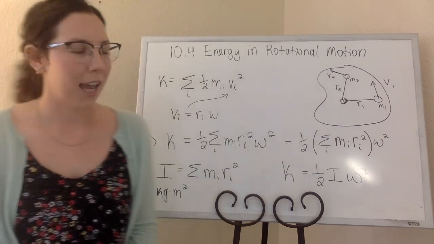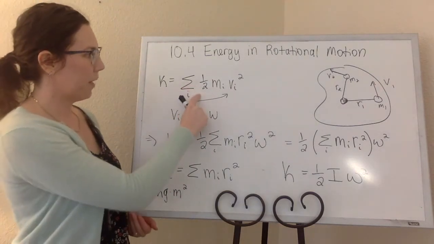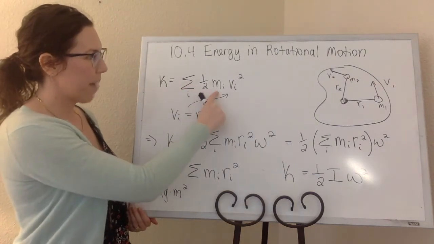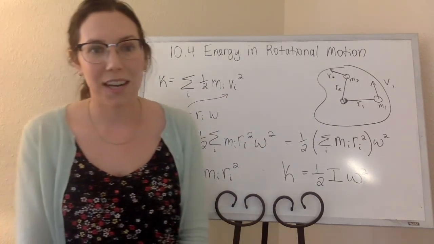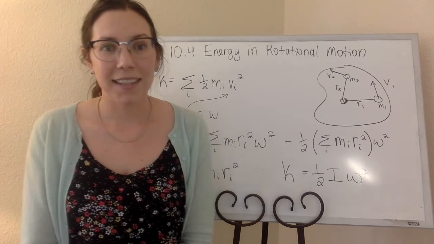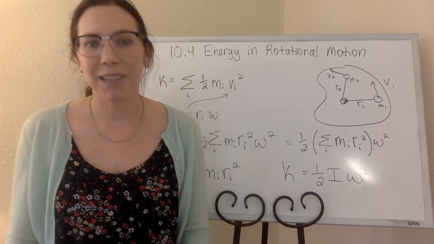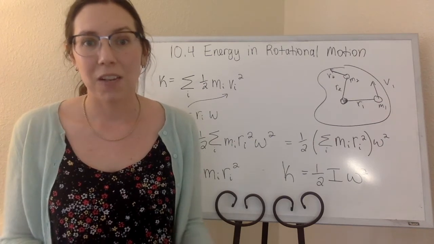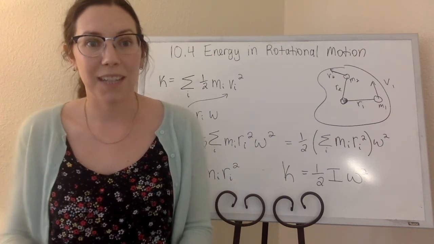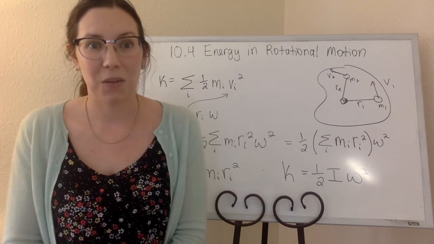So let's do that. K is the sum over i of 1/2 m_i v_i squared. And that would give us the total kinetic energy for that object. That's the linear kinetic energy. So let's convert that into a rotational kinetic energy by changing these linear variables into the corresponding rotational variables.